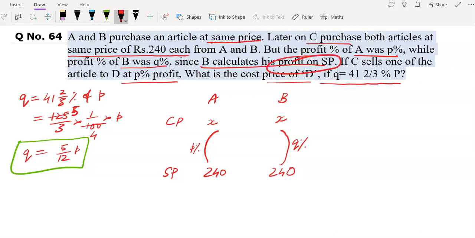Now if we see here, the CP is the same, X for A and B, and the SP is also the same, 240 each. So that means if CP and SP are the same, profit must be the same, because SP minus CP will give you profit. So if CP is the same and SP is the same for both, that means our profit will also be the same.